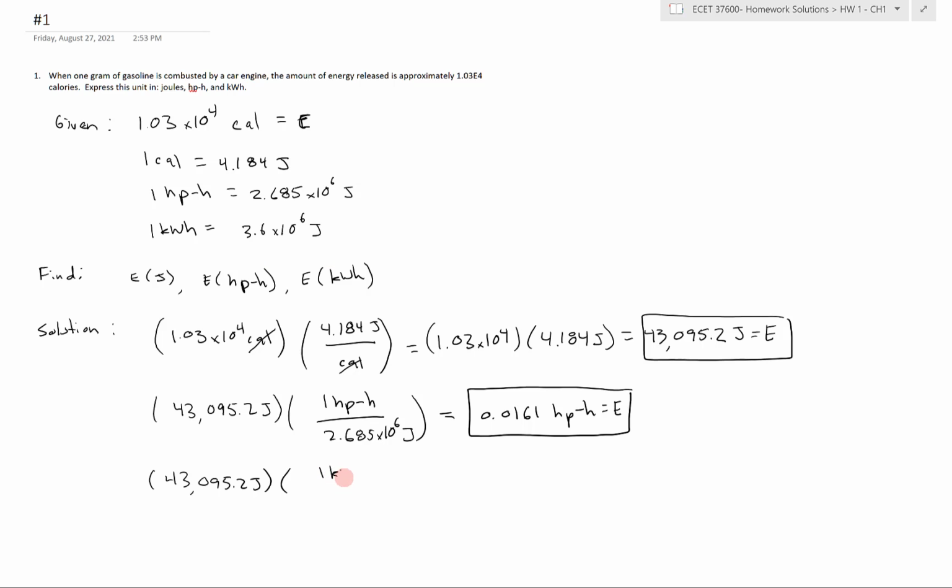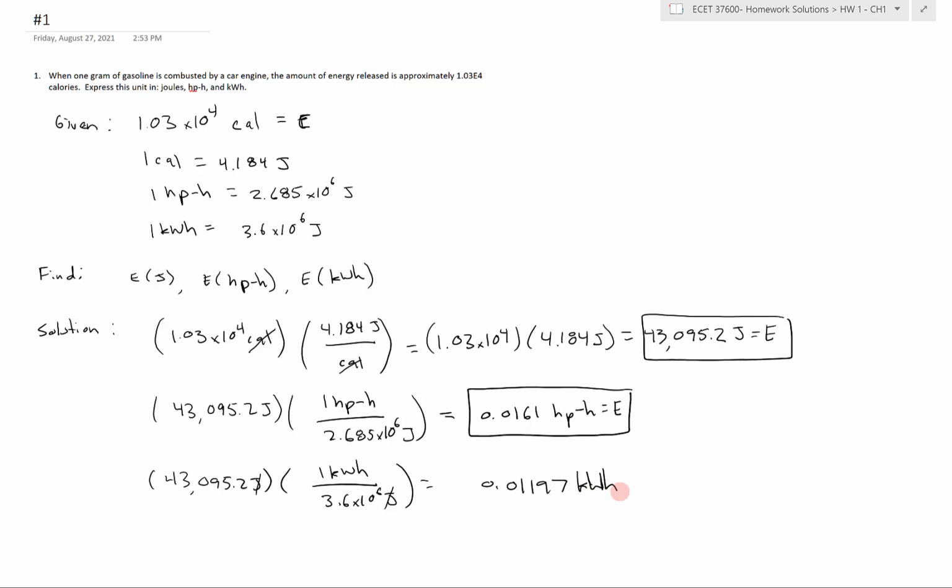So 1 kilowatt hour is 3.6 times 10 to the 6 joules. So again, joules is going to cancel here, and I do this, and I get 0.01197 kWh, should be a capital W, kilowatt hours.